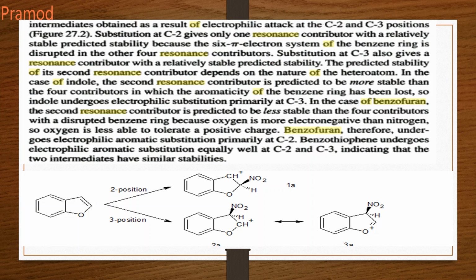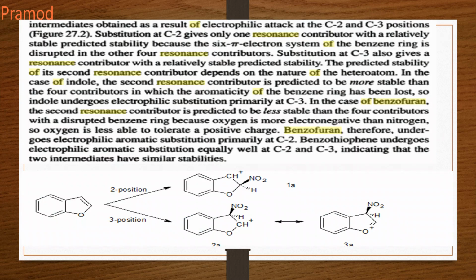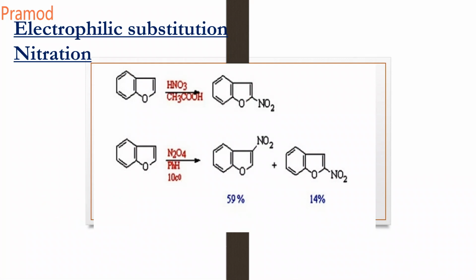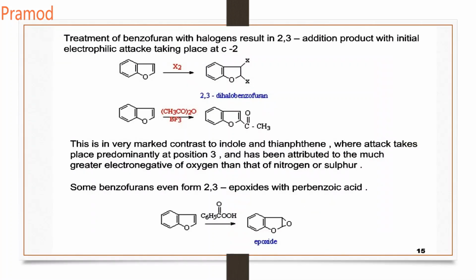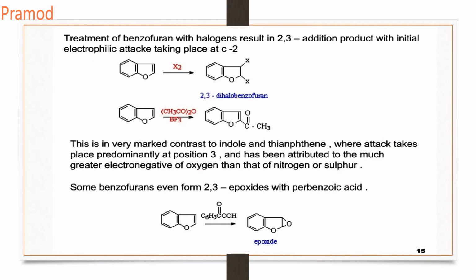Indole basically reacts at the third position, whereas in the case of benzofuran the reaction will go at the second position. So it undergoes nitration at the second position. Sorry, it's at the third position that your nitration will take place.